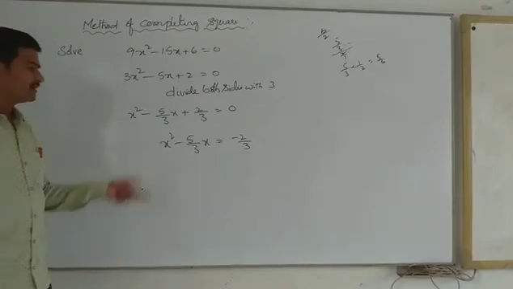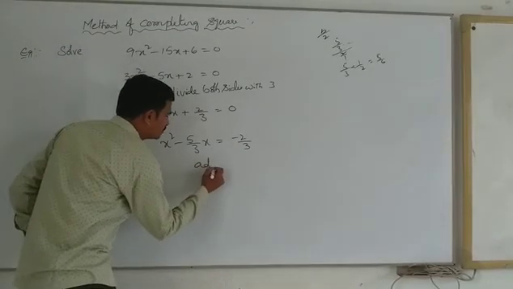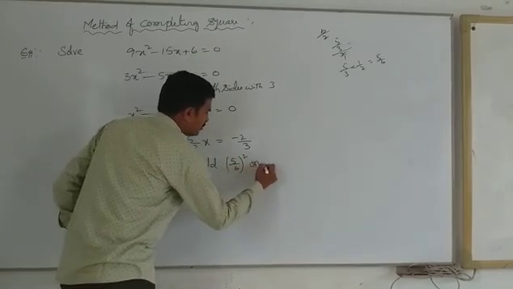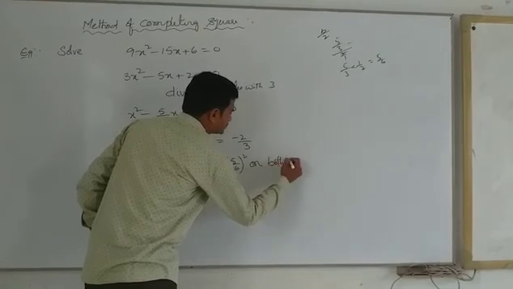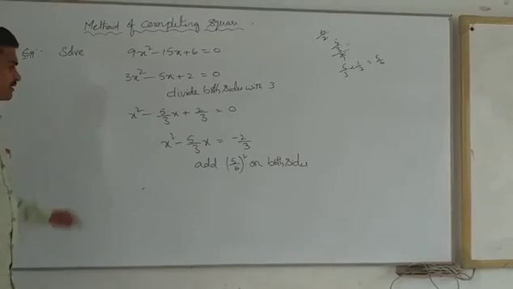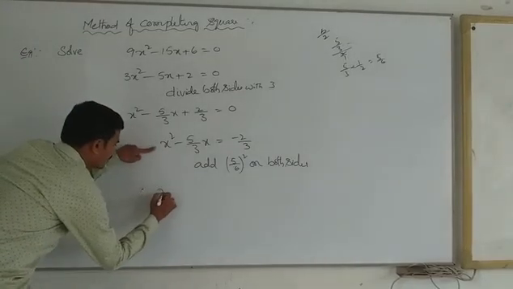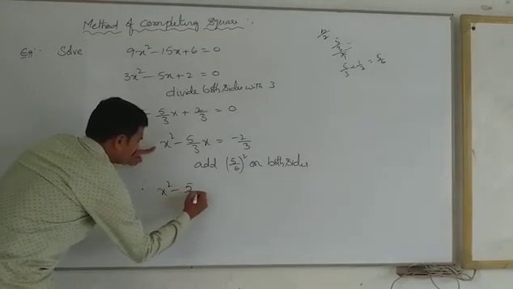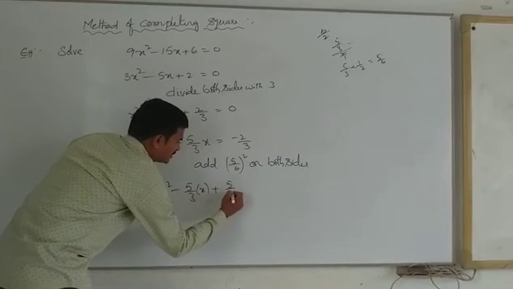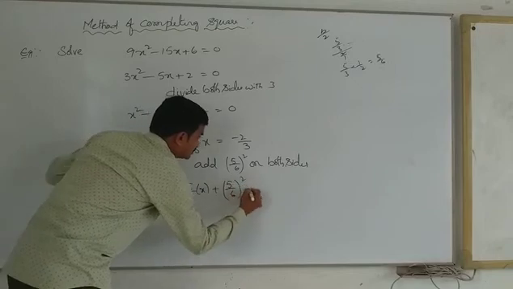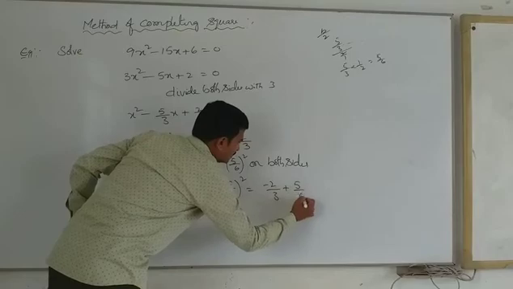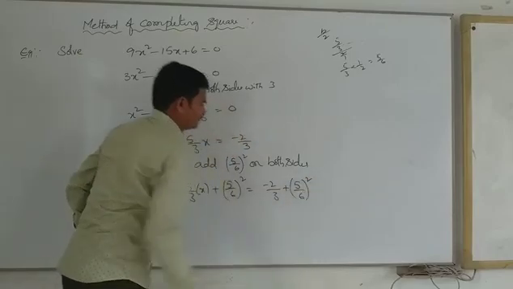Now add 5 by 6 whole square on both sides. Are you clear? X square minus 5 by 3 into x plus 5 by 6 whole square is equal to minus 2 by 3 plus 5 by 6 whole square.